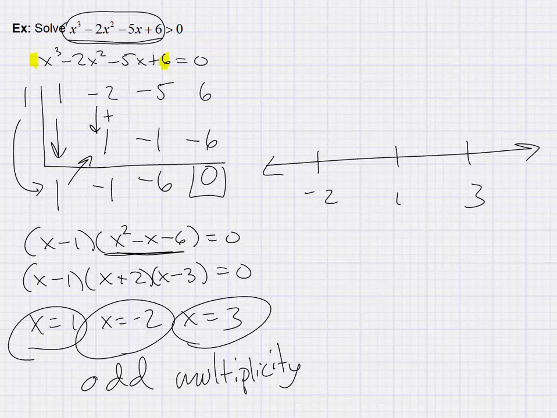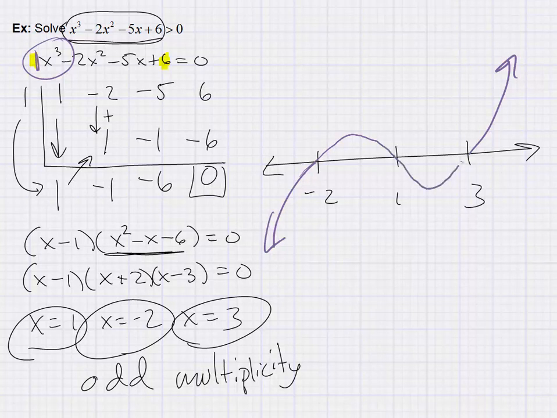Think about your graph. It's a cubic with a positive coefficient, so on this end I'm pointing up, and on this end I'm pointing down. This x-intercept's odd, so if I'm down, I have to cut through the x-axis, now I'm above. Come to this x-intercept, I have to cut through, now I'm below. Come to this x-intercept, cut through, and now I'm above.